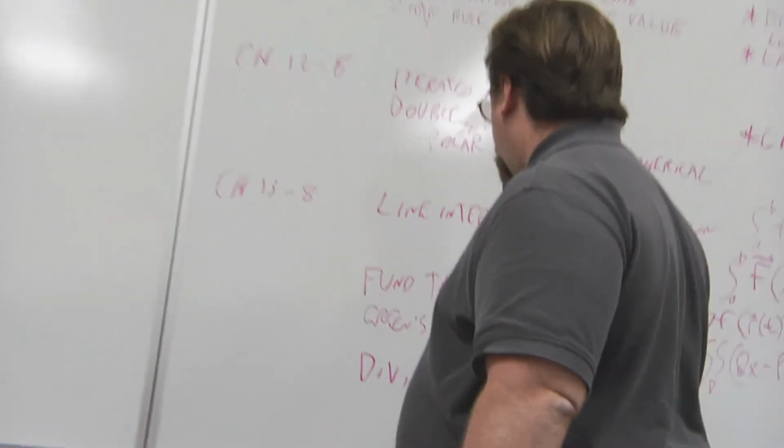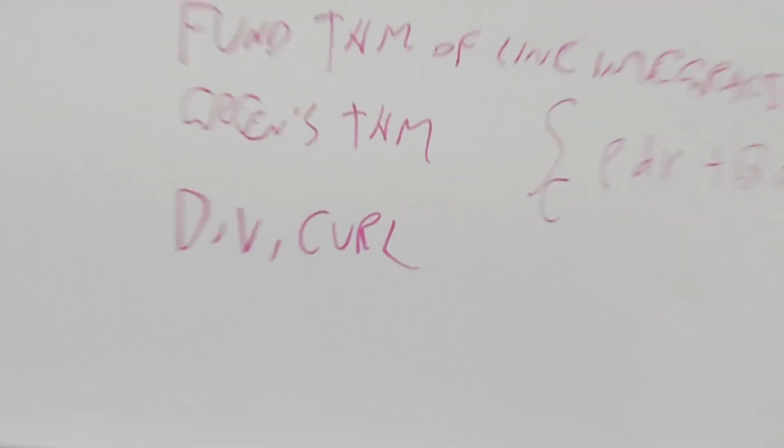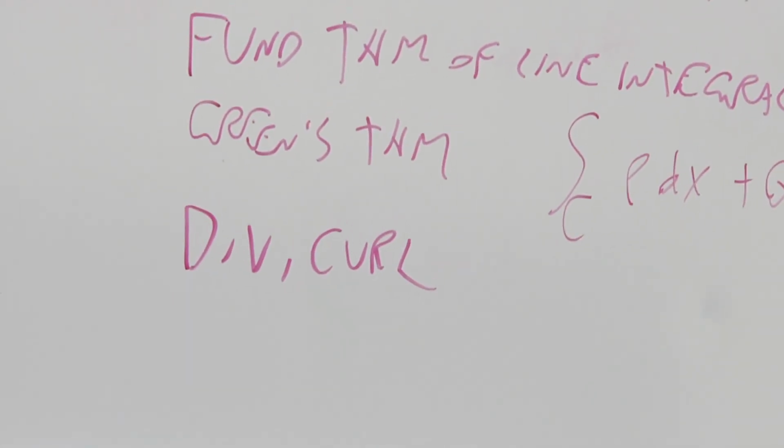Divergence and curl. This is like number 6 on the third exam where he had to prove an identity.